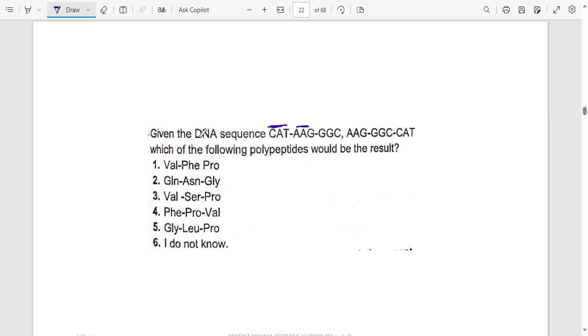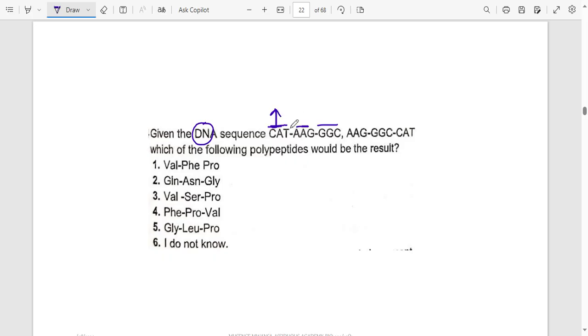Immediately you see T, like they've even told you. So what should be the first thing before you can determine what polypeptide you are going to form? DNA has to be converted into mRNA.